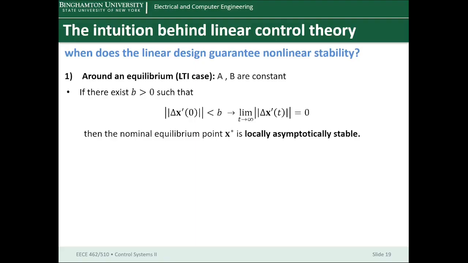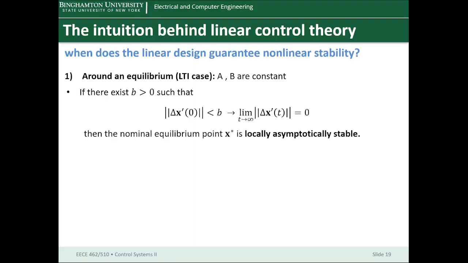We call it locally because we explore our system near the equilibrium point, and every conclusion is valid near that equilibrium point. This is a powerful result. It allows us to design the controller for a nonlinear system by a linear system around an equilibrium point.